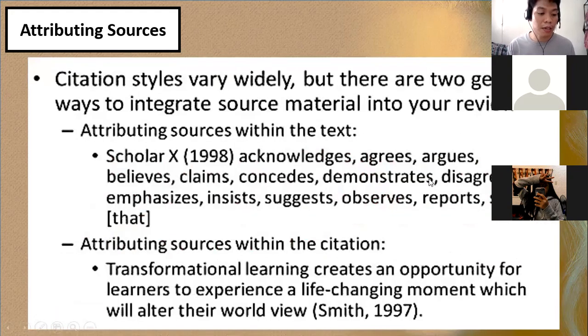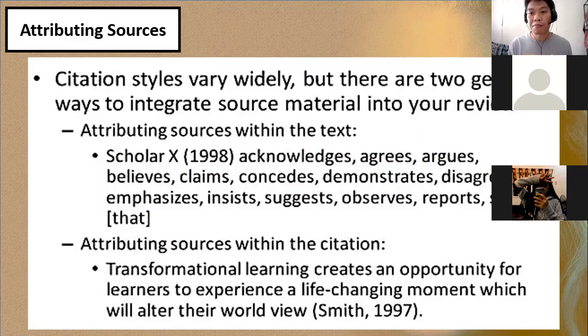Then attributing sources. Citation styles vary widely, but there are two general ways to integrate source material into your review. First, attributing sources within the text. For example, Scholar X, 1988, acknowledges, agrees, argues. You can use a lot of verbs for attributing sources within the text. It's not only Scholar X states that, or describes; you can use a lot of words.